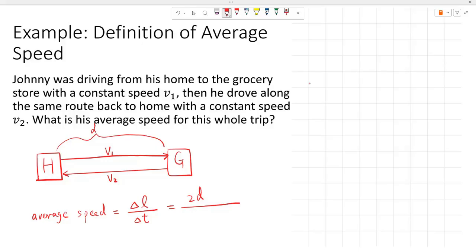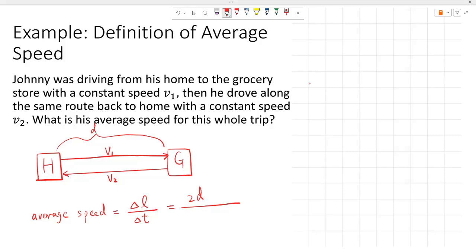So let's ask ourselves, is there a way we can relate the time taken from the home to the grocery store to something that we either already assumed or were given by the problem?